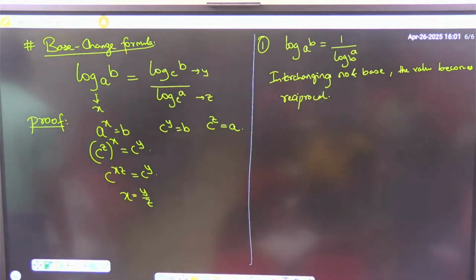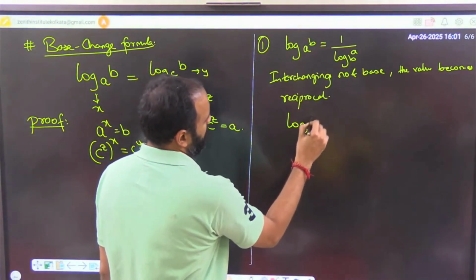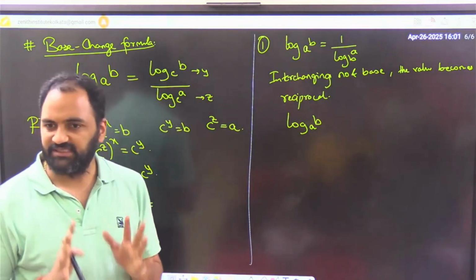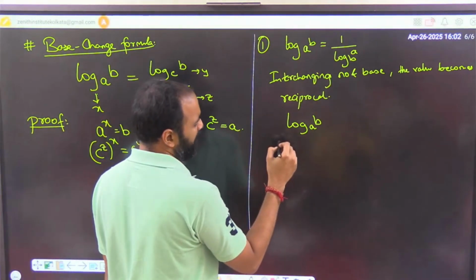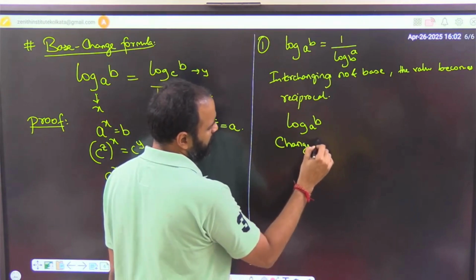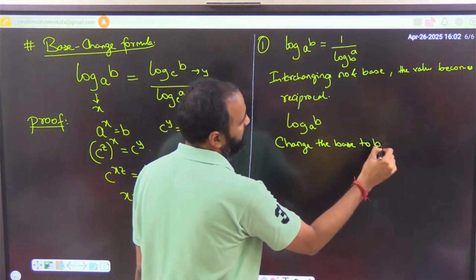How do you prove this? Okay, log b to the base a. This is the left hand side. Let's suppose now we apply the base change formula and change the base to b.